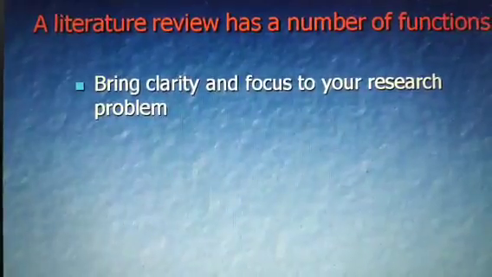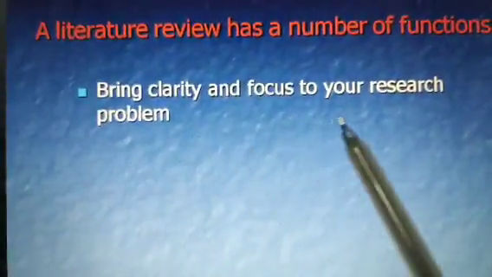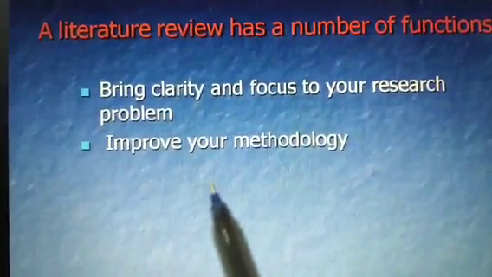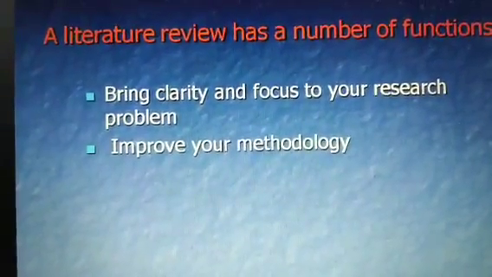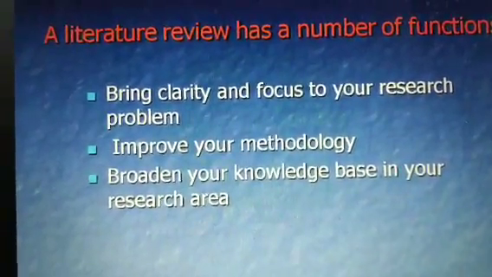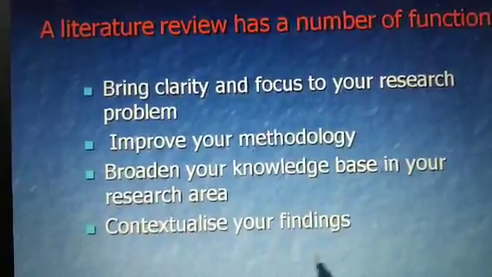So students, a literature review has a number of functions. To begin with, the literature review brings clarity and focus to your research problem. It improves your methodology. It broadens your knowledge base in your research area. It contextualizes your findings.